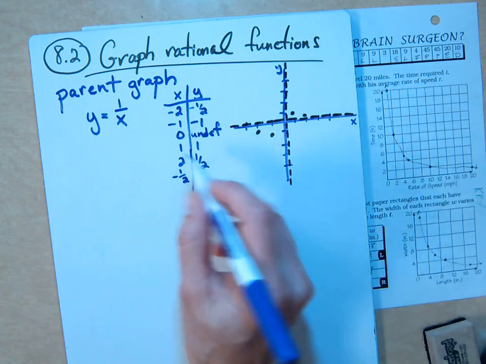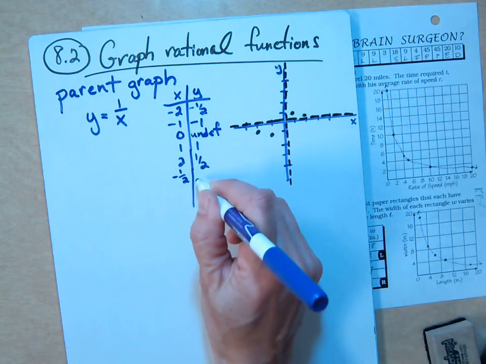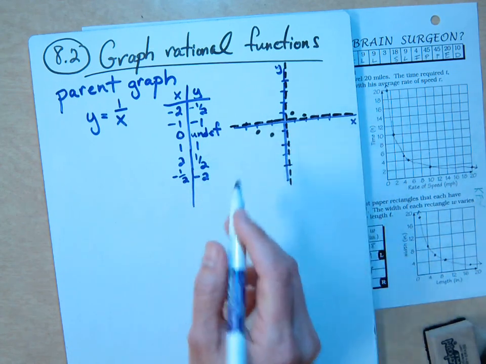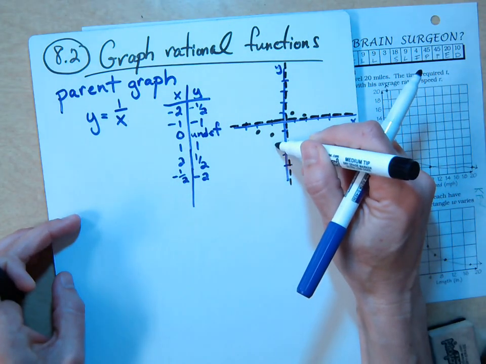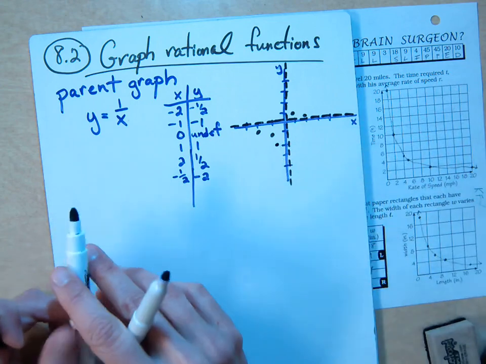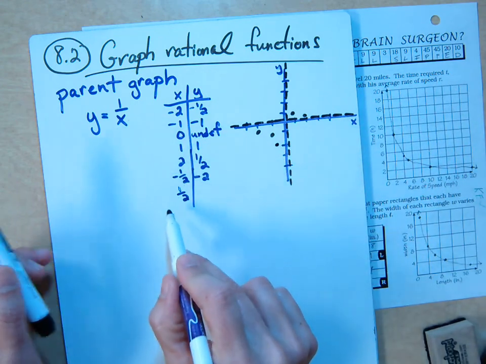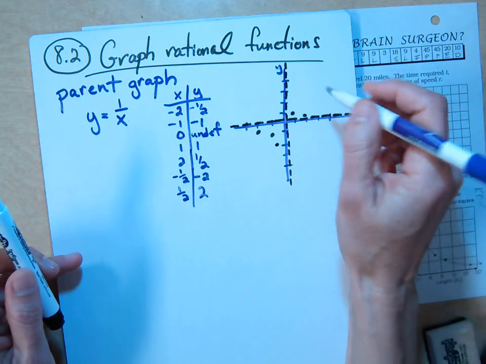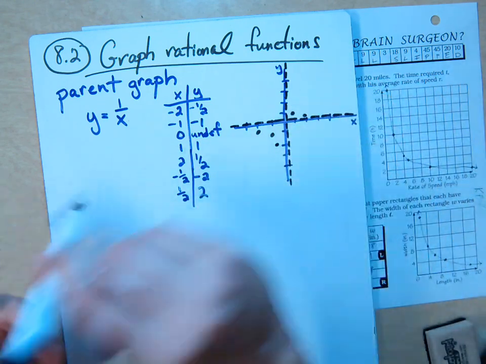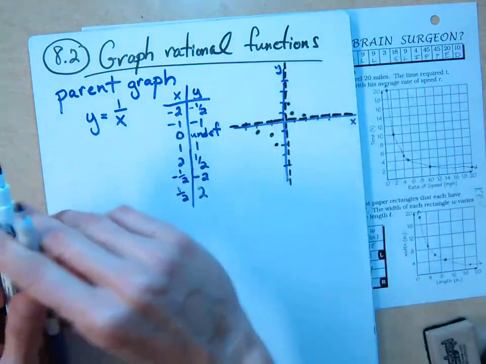So I just, 1 divided by 1/2 is 2. So it's negative 2. So if I go to negative 1/2, I go down 2. Now you can see the shape a little better. And if I plug in positive 1/2, what do I get? What's 1 over 1/2? Take the reciprocal. 2. Good. So if I plug in 1/2, I get 2, which is up here. And now we can graph it.